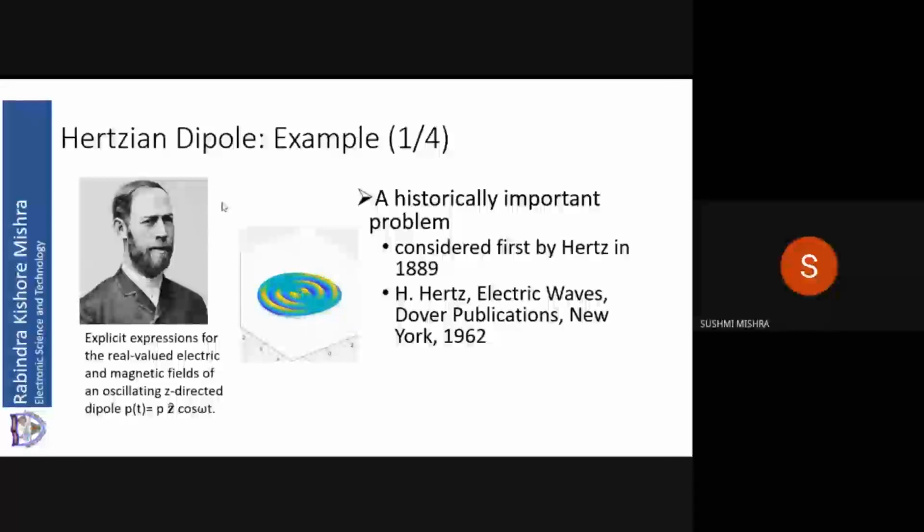Throw a stone or a pebble into still water, then you will see that from the point of strike, waves are emanating outward radially. That is what you can see in this simulation. Here it is not still water, but free space. Instead of a stone, there is a dipole, a Hertzian dipole, a small dipole.